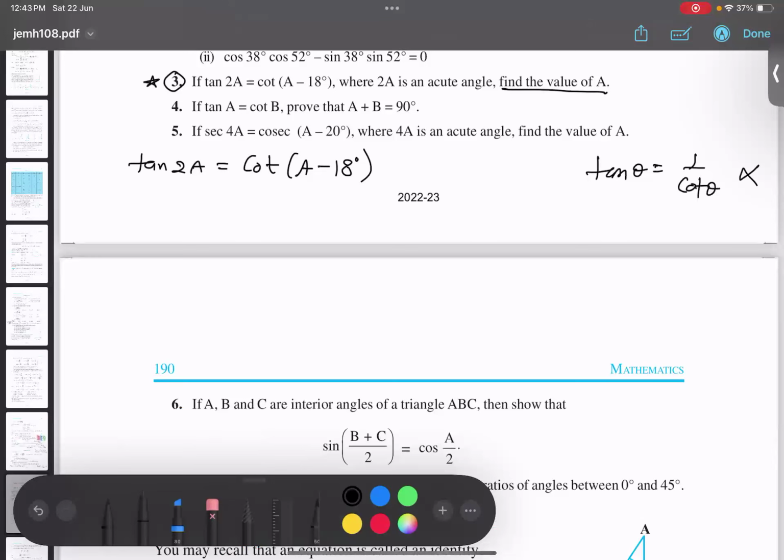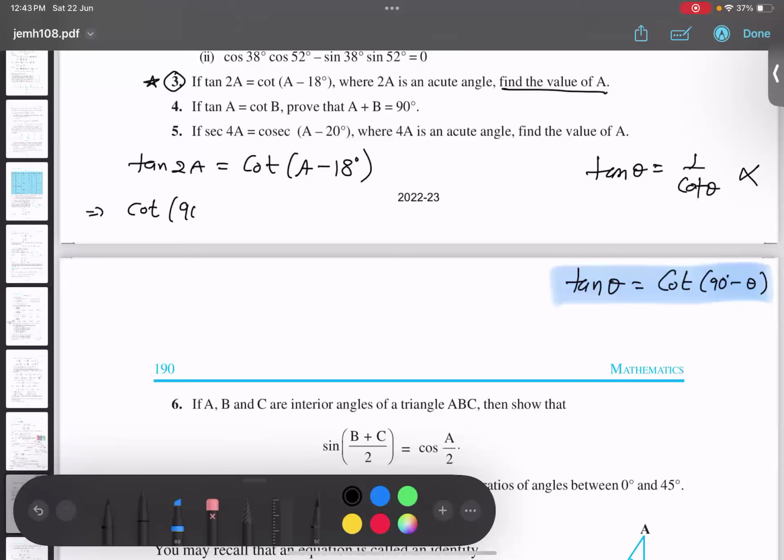Another formula, if you remember, is tan theta equals cot 90 minus theta. Yes or no? So this is a better formula to use because tan is getting converted into cot and it is still in the numerator. So I will write this in cot. Tell me, how will I write this in cot?